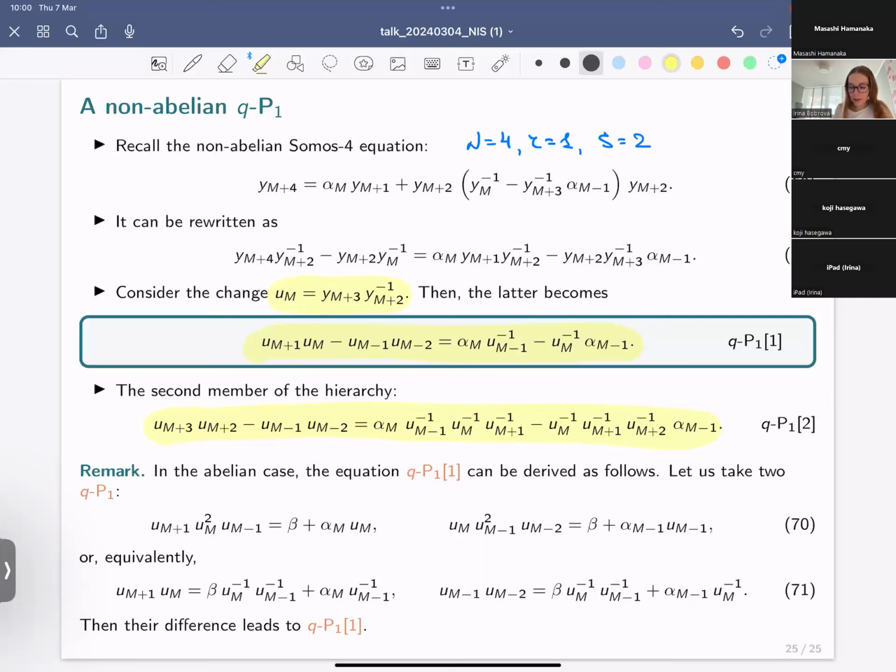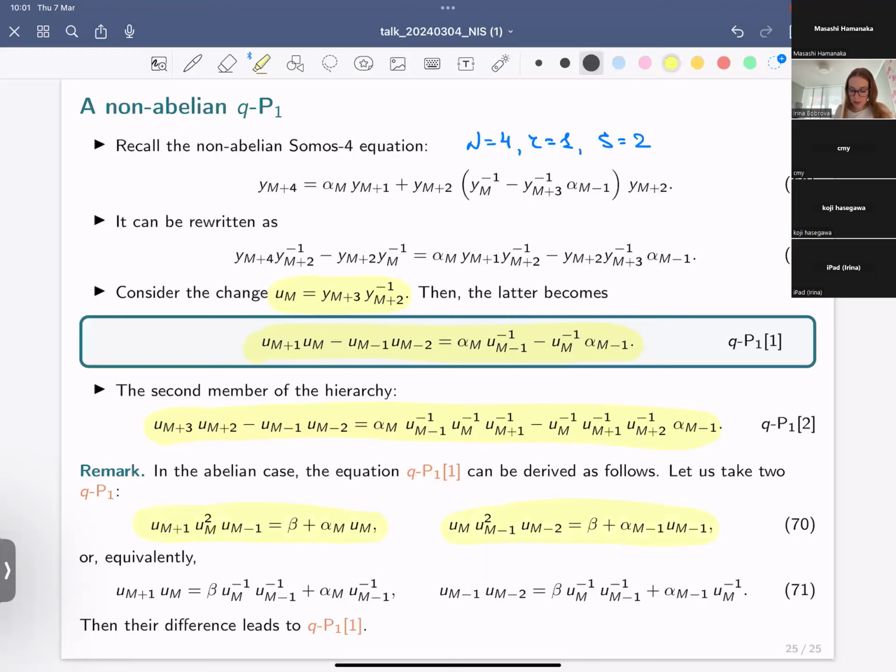So in fact, we can start from the commutative Painlevé equation, and we can rewrite it in the form of the non-abelian Painlevé-1 given by this relation. How to rewrite it? Let us take two commutative Painlevé-1 equations with different indices m.